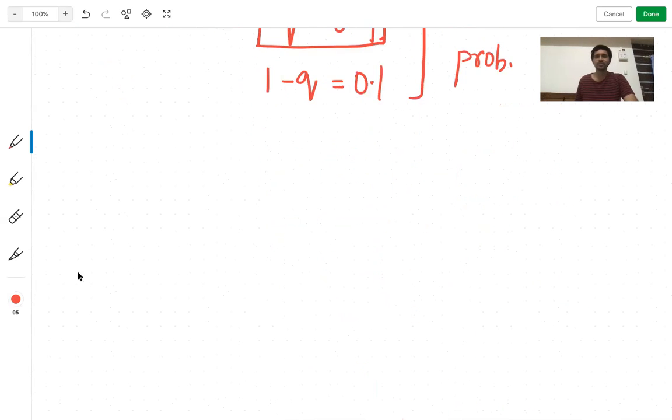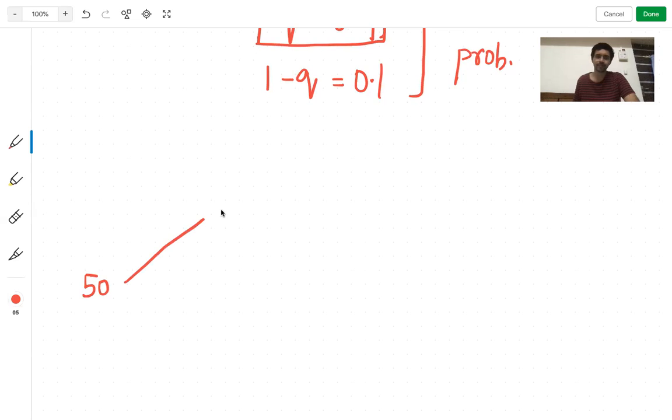Coming down again, I'm just recreating that binomial model. 50 can go up to 55, or it can come down to 45, with a probability of 0.9 on the upside and a probability of 0.1 on the downside.